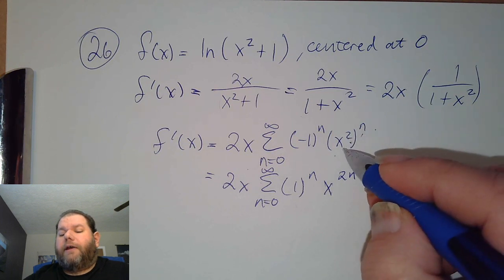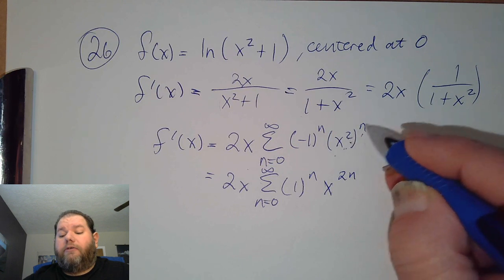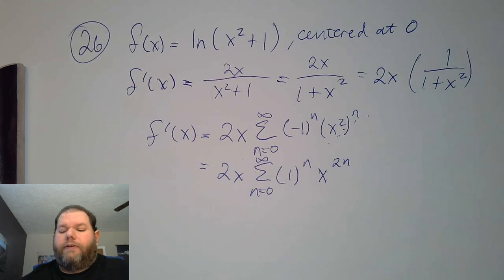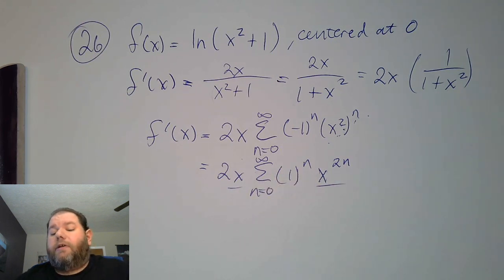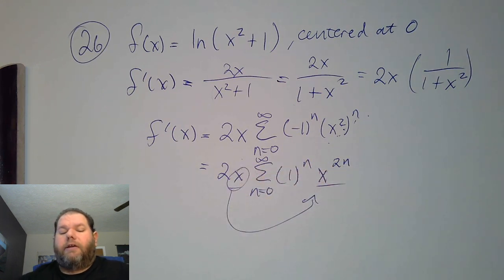Because we know if we have x to a power raised to another power, we multiply those two powers together. 2 times n is 2n. The other issue that's here is we have x currently appearing in two different places. So what we can do is we can take this x and bring it inside and join it with the other x's.